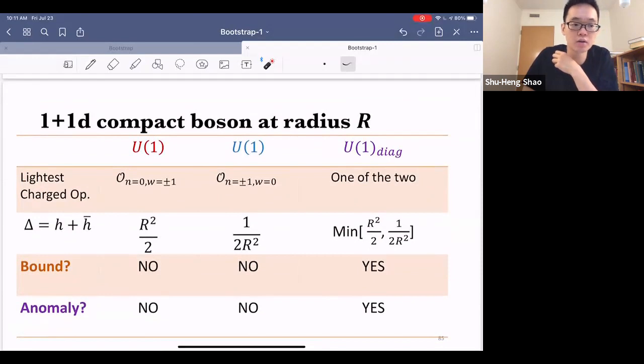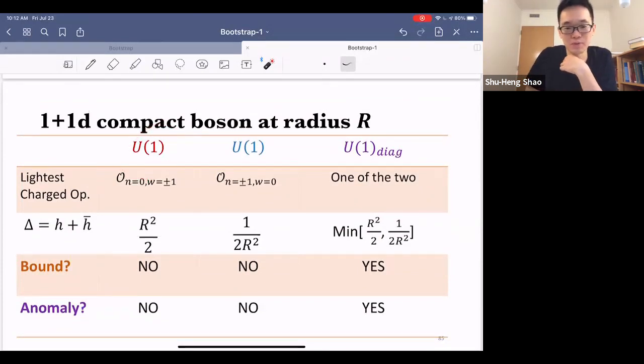Because you can always, I guess if you take a very special C, then I'm not sure. But the idea is that you can always consider the compact boson tensor product with something else, and just look at the U1 sector. Okay, let me just rephrase.